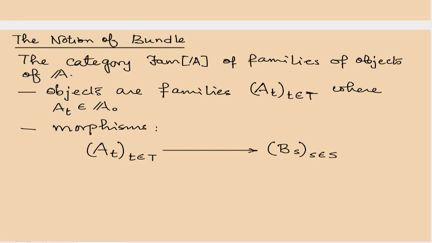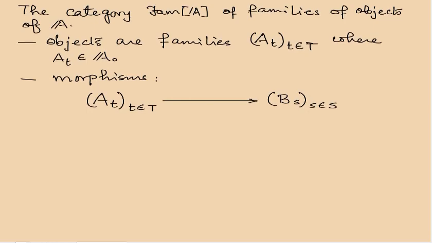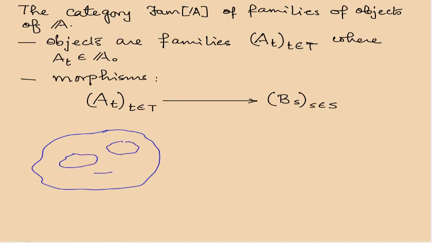So let's try and picture what it should be. Well, we have objects. Here is one family, say T is 1, 2, 3.